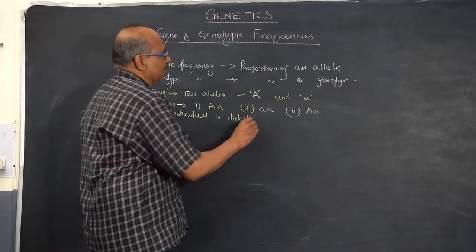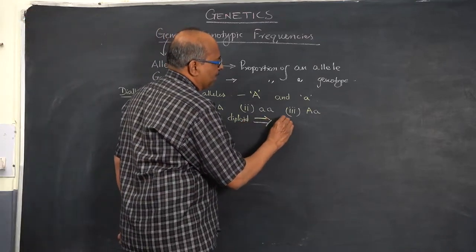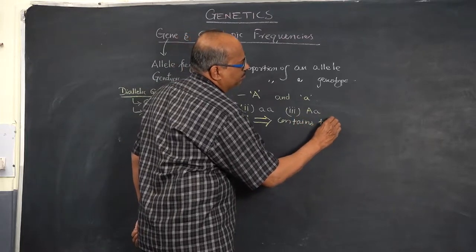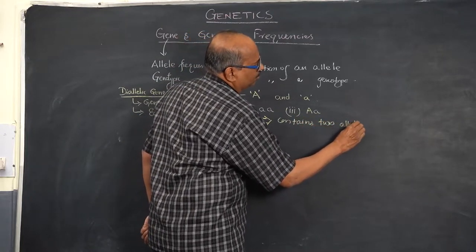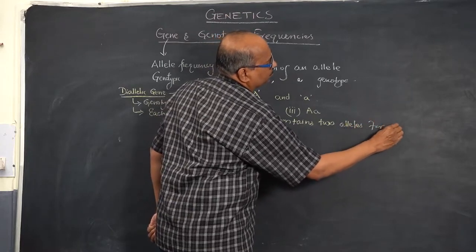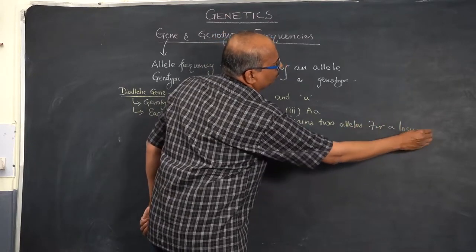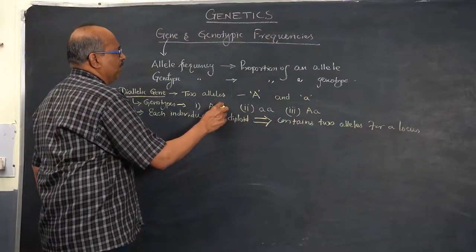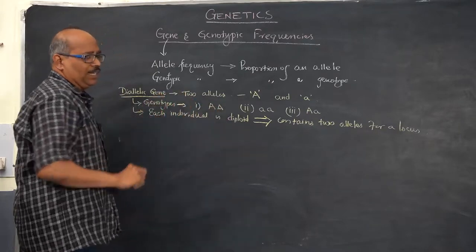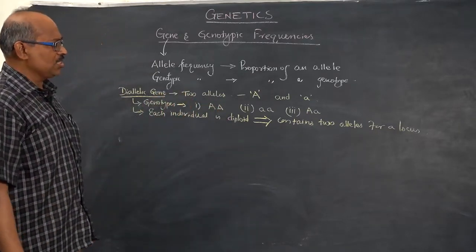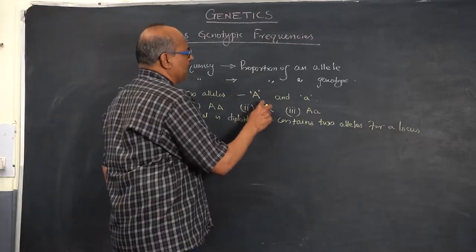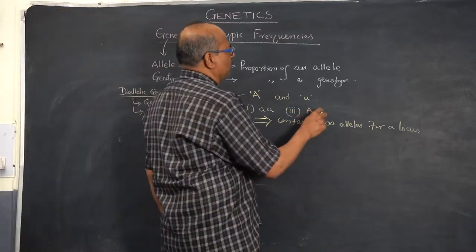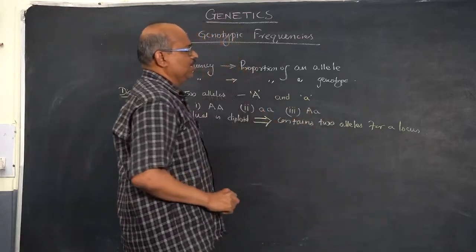It contains two alleles for a locus or for a gene. So one individual may have capital A for that particular locus or position. Another individual can have small a for that particular position. Another individual can have capital A small a for that particular position.